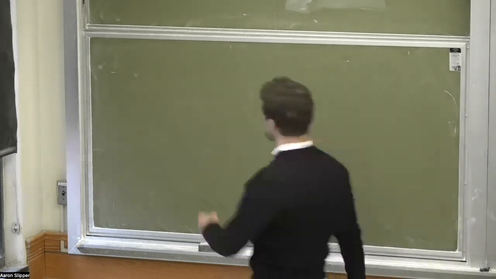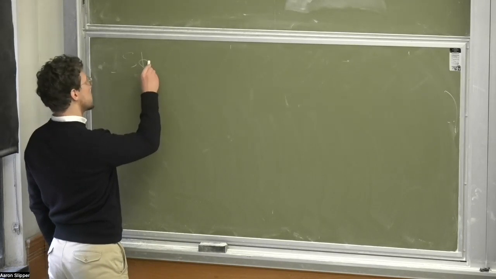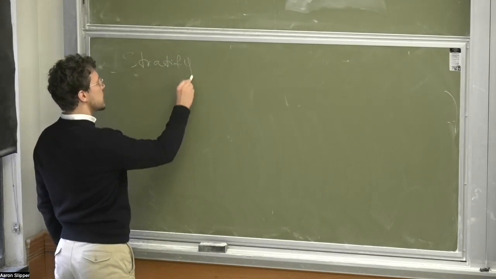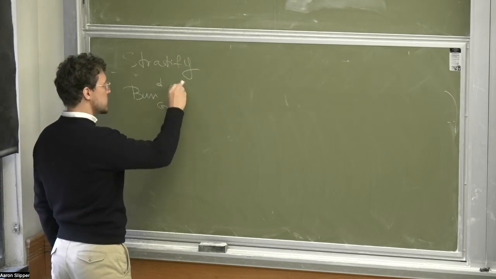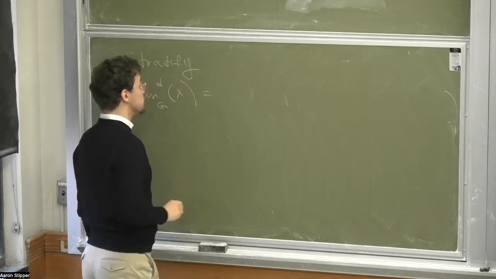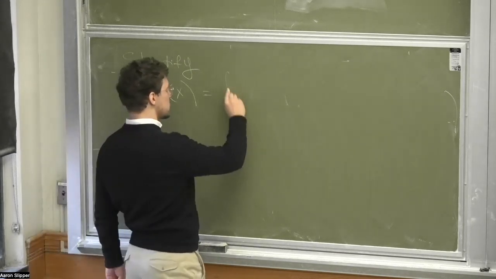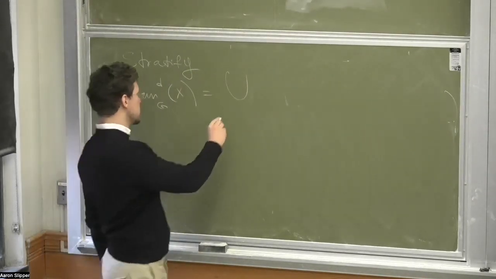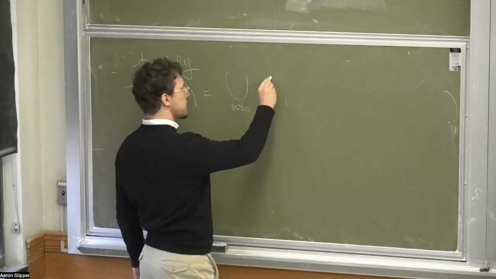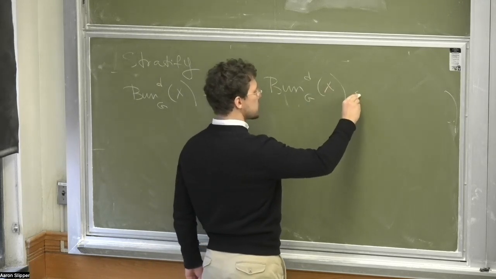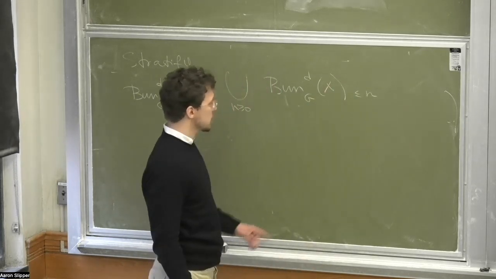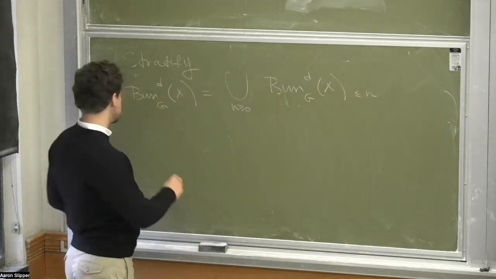So you have to stratify each of these further. Stratify Bun_G^d, presented as an increasing union over n greater or equal to 0 of stacks Bun_G^{d, ≤ n}. So what does the subscript mean?